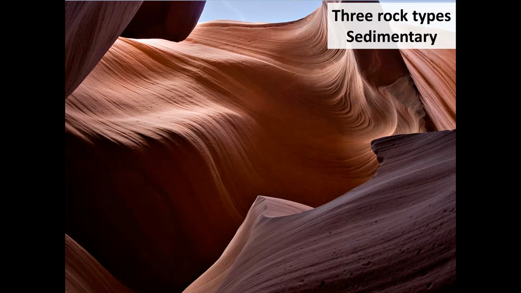All right, second type, sedimentary. So this is sandstone. If you take enough sand and bury it deep enough, it'll get hot and under pressure, and it'll just start to solidify from sand into sandstone. And if you do the same thing with mud, mud turns into mudstone, and silt turns into siltstone. So you get all kinds of different sedimentary rocks.